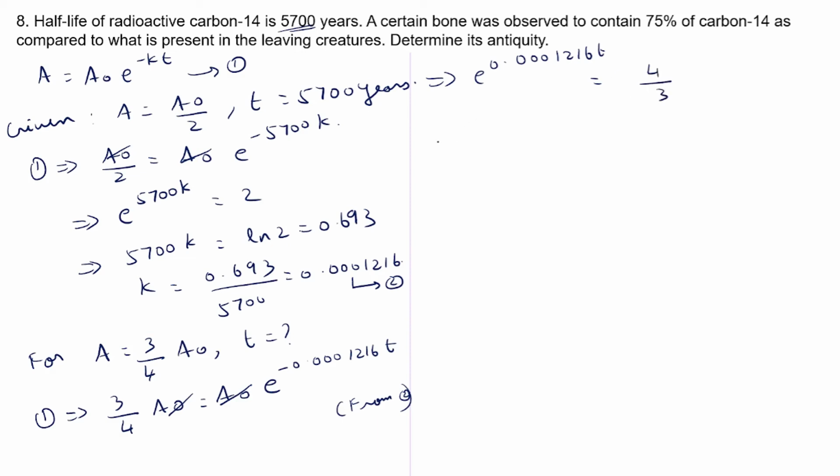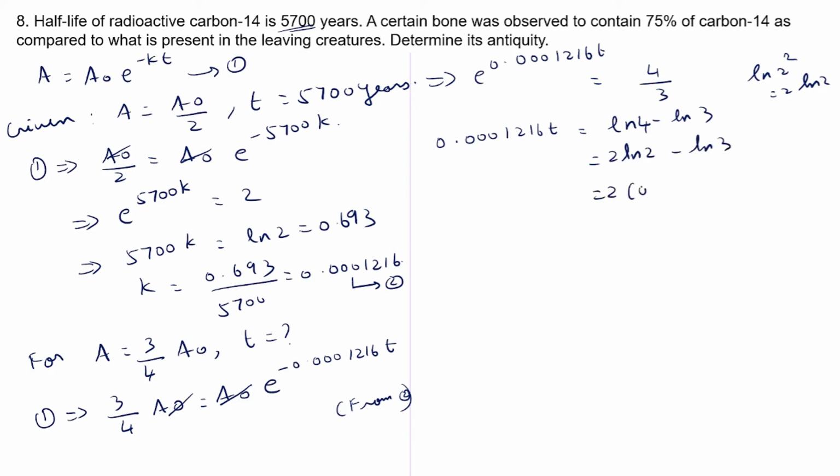Now if we take log on both sides, we have 0.0001216 t. This is equal to natural logarithm of 4 minus natural logarithm of 3. Now 4 is 2 square. So ln 2 square will be 2 ln 2. So this is equal to 2 ln 2 minus ln 3.